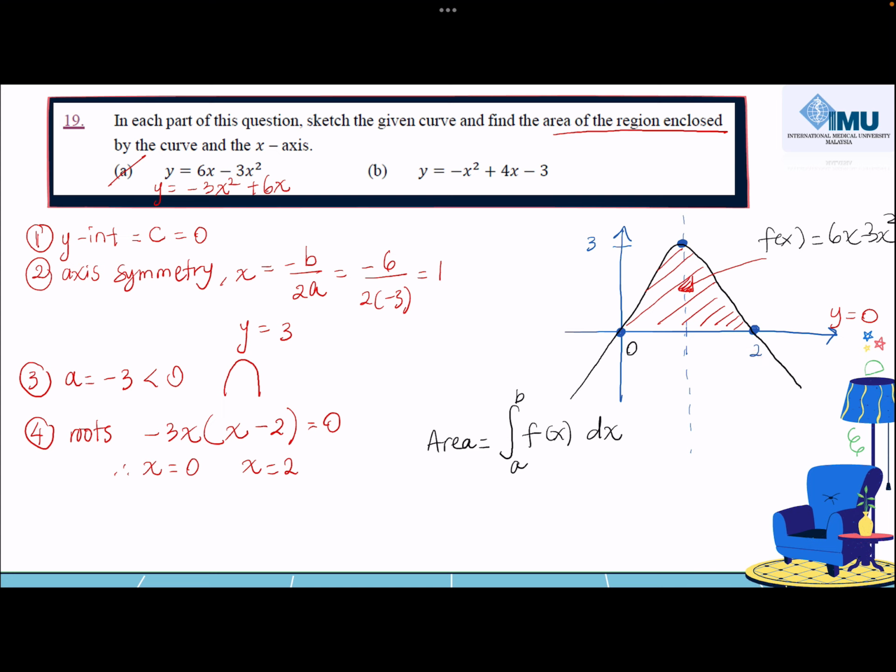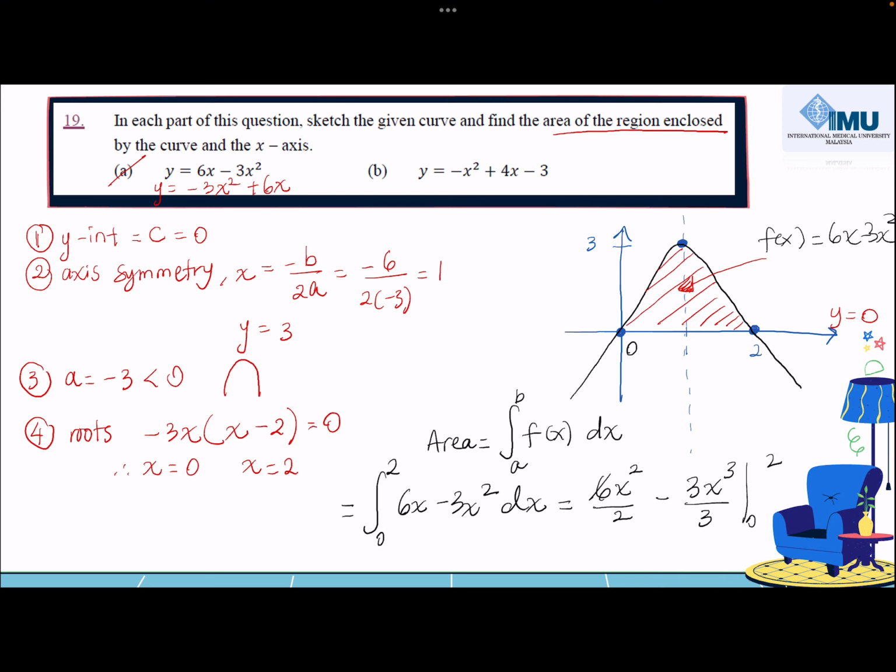Straightforward to evaluate the integration from 0 to 2 of 6x minus 3x squared, and you're going to integrate with respect to x, correct? Now remember, 6x, after you integrate, becomes 6x squared over 2. Meanwhile, integrating negative 3x squared becomes negative 3x cubed over 3, from 0 to 2.